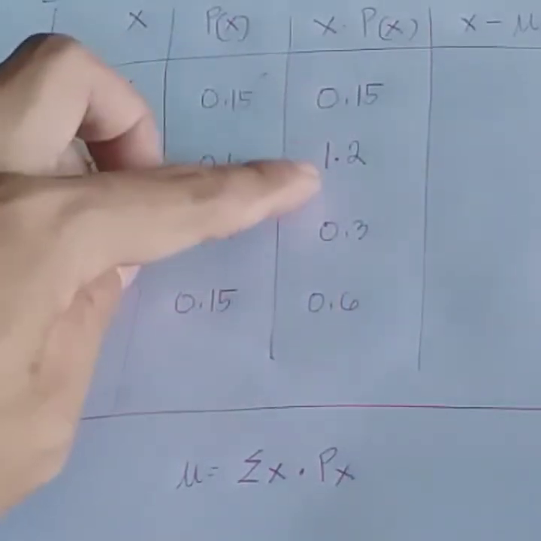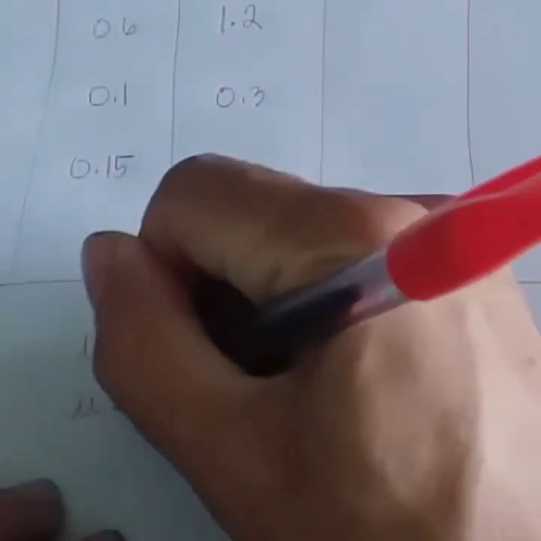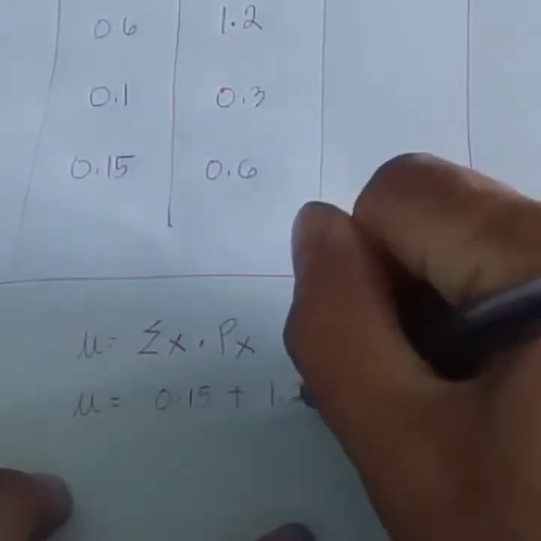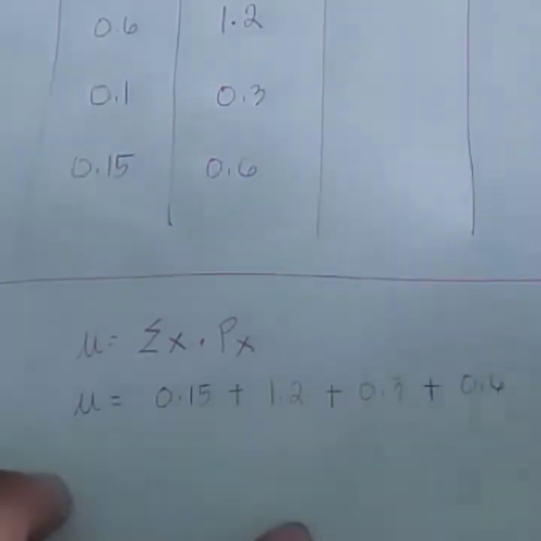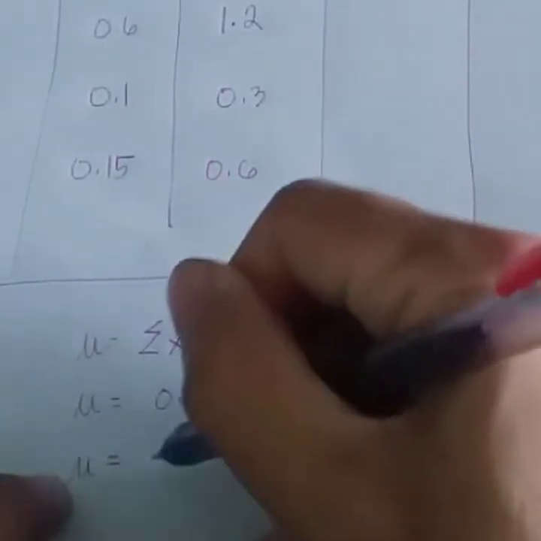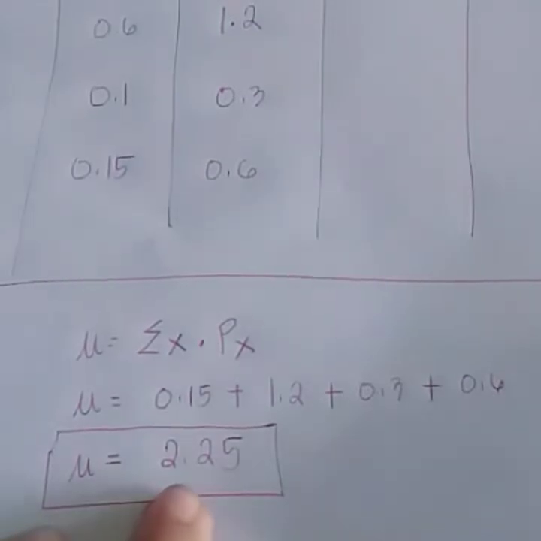So i-add lang natin lahat ito. So we have here mean is equal to 0.15 plus 1.2 plus 0.3 plus 0.6. So we get the answer of mean value, which is equal to 2.25. So we finished solving the value of our mean.